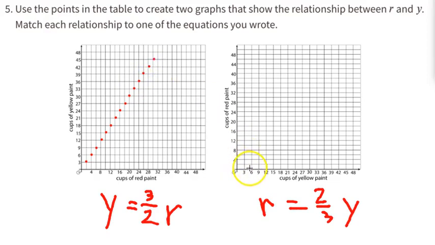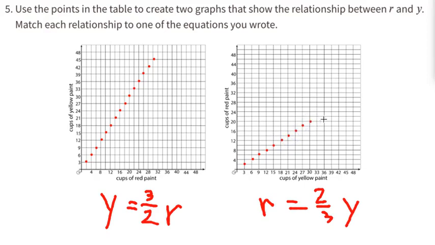What about here? Yeah, the pattern's similar, except that since the red is our dependent variable, and we're looking at it on the y-axis, the yellow on the x-axis, it's going to make it look like so.